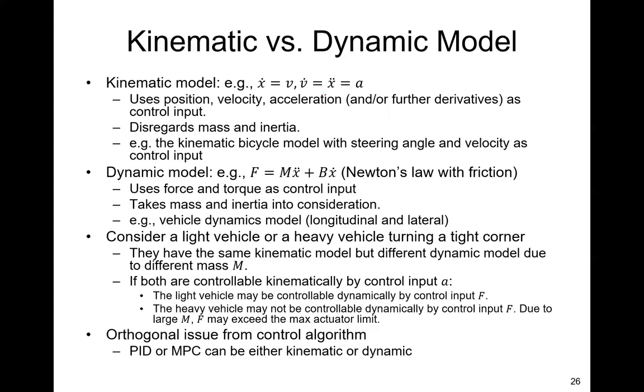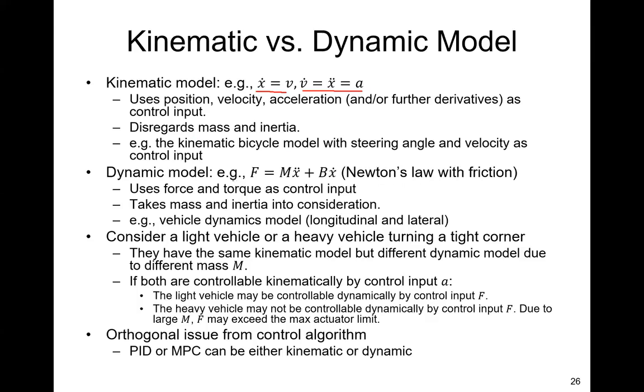We know from the definitions, x dot, the position's derivative, is velocity. Velocity's derivative is acceleration. We'll discuss the kinematic bicycle model later. It disregards mass and inertia.